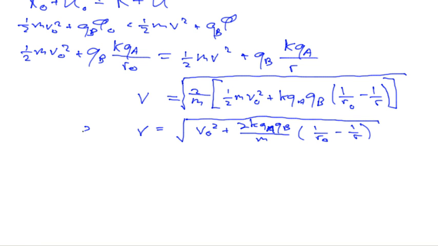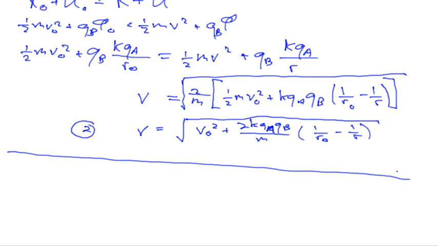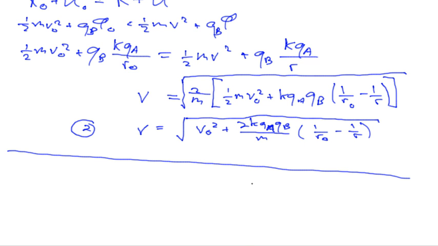I'm going to call that equation number 2 for the intermediate velocities. And I think that's all I need for my equations. Now I can start.